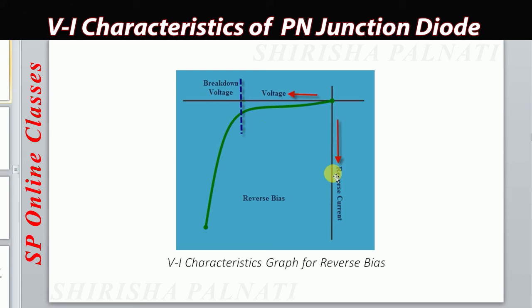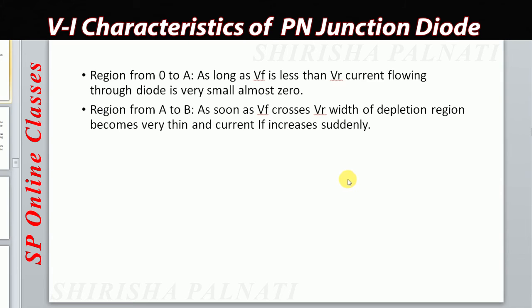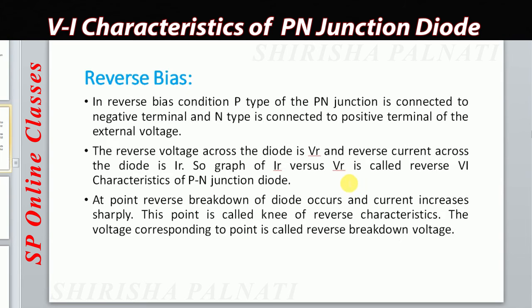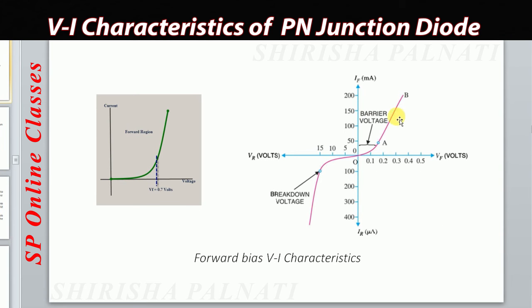In this graph we put the voltage values on the x-axis, and the reverse current values on the y-axis. But here you may have a small doubt in the graph: there are positive values and negative values, right?